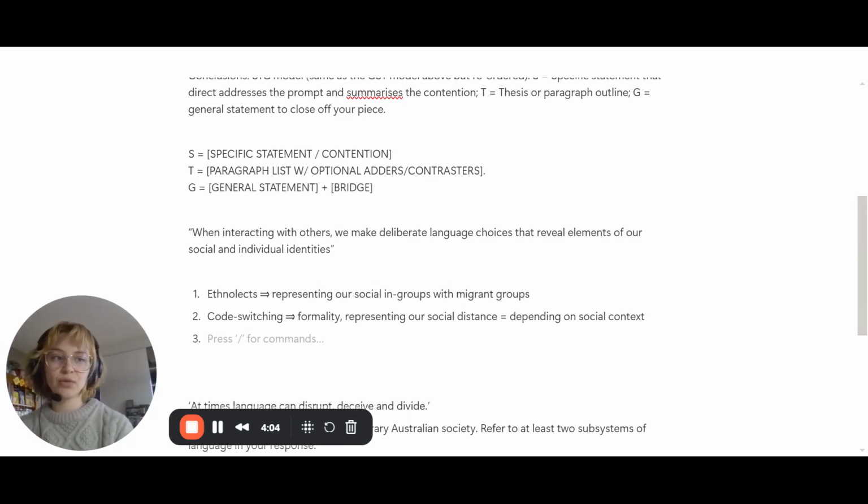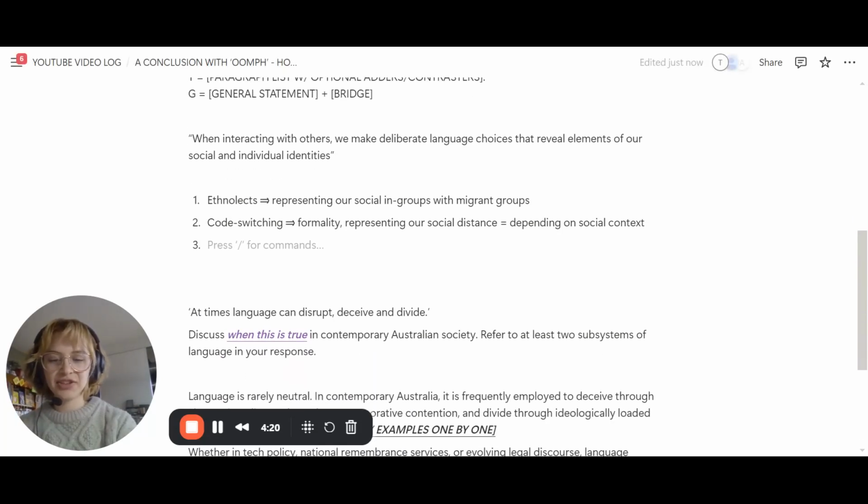Code switching is not always about switching entire languages. And then number 3, let's just go with, actually, let's do something interesting. Let's talk about eSpeak and how anonymity protects us.